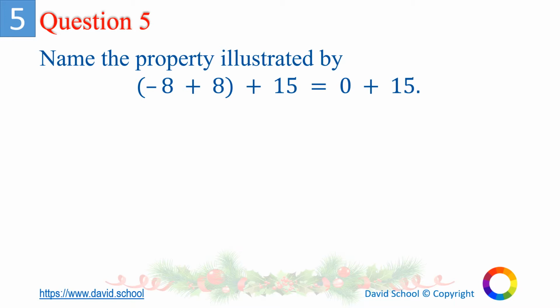You may tend to say this is the identity property, but that is not true. Here, negative 8 plus 8 is equal to 0. Negative 8 and 8 are inverses of each other. Therefore, this is the additive inverse property.